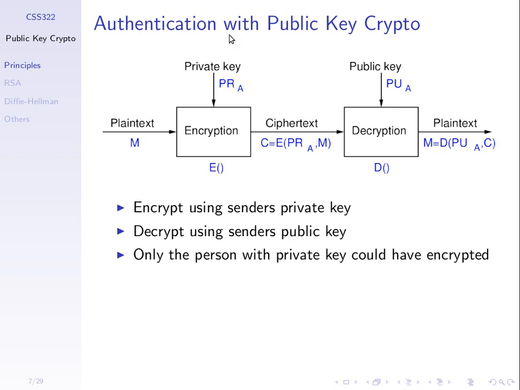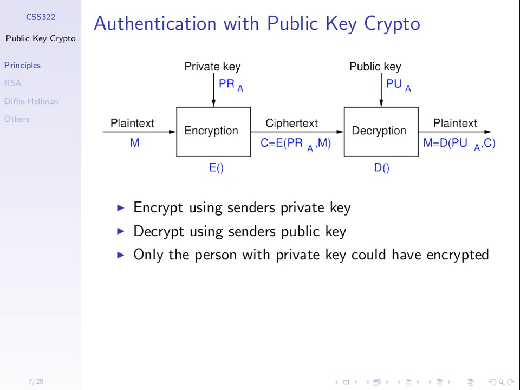So this provides authentication. If someone tries to send a fake message pretending to be from A, they must encrypt it with some private key. The only one that will work is the private key of A. And the only person who has that is A. So that implies that A sent the message.